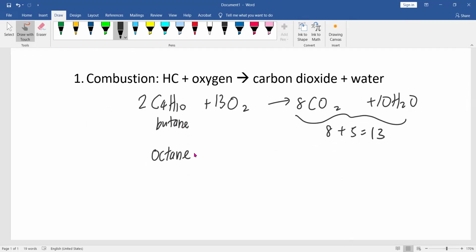Octane is C8H18. So burn with oxygen and produce carbon dioxide and water.